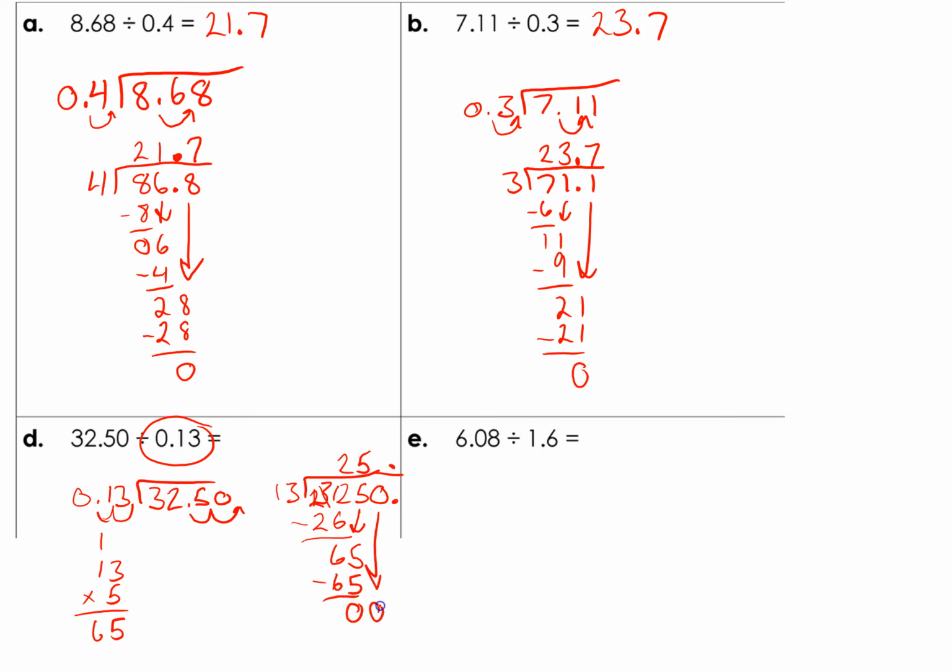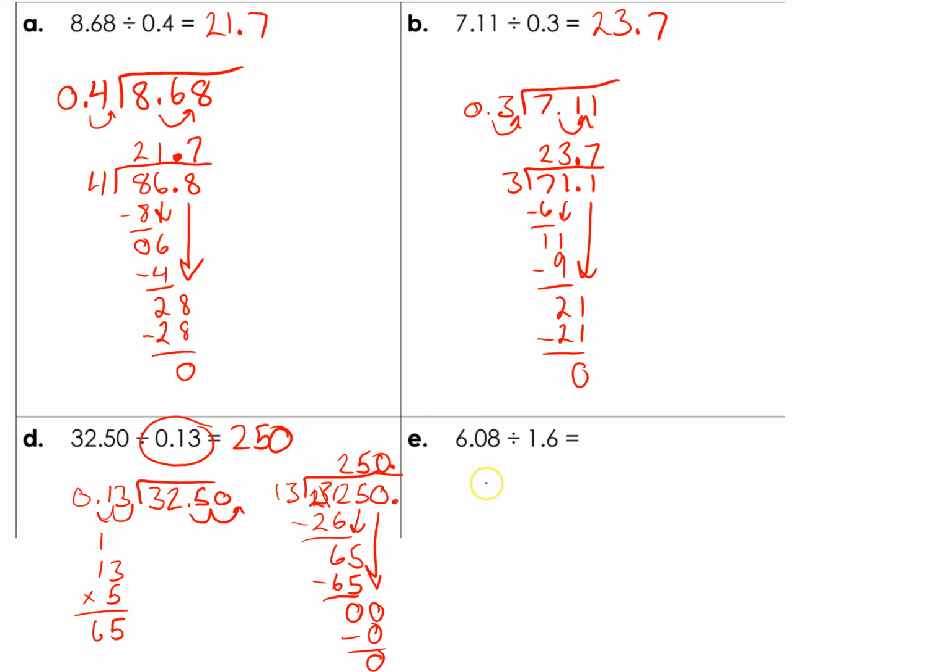Bring down my 0. 13 goes into 0, 0 times. 0 times 13 is 0, subtract gives me 0. So this answer was simply 250. No numbers behind the decimal.